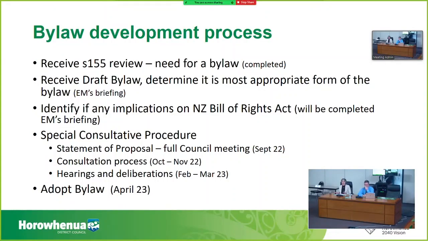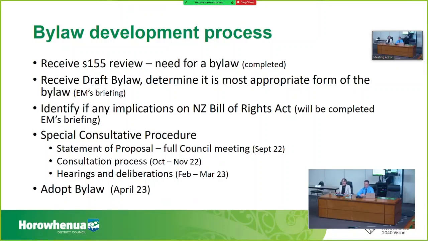Then receiving the draft bylaw, and determining it is the most appropriate form of bylaw. So this is the elected members' brief workshop. Then identifying if there is any implication on using the Bill of Rights Act. This will be completed after the workshop. So that's the legal review.